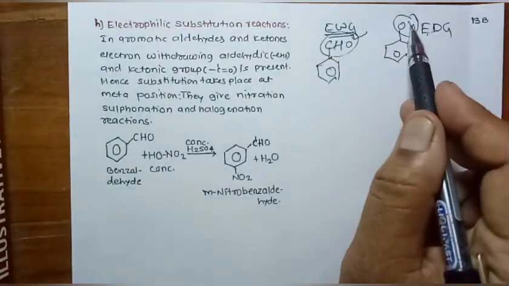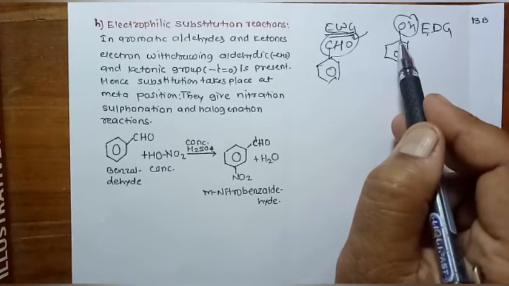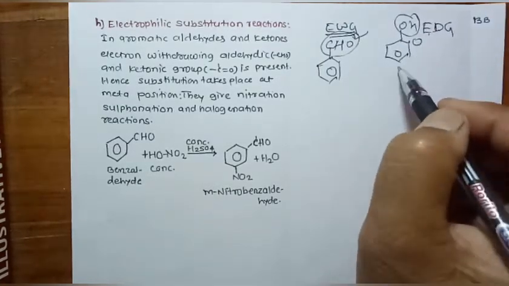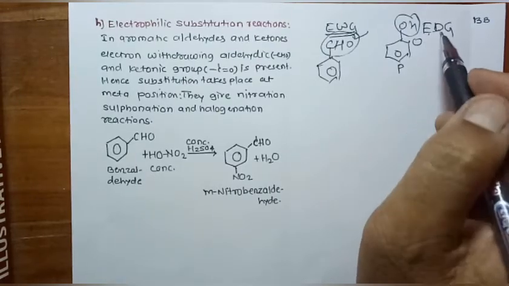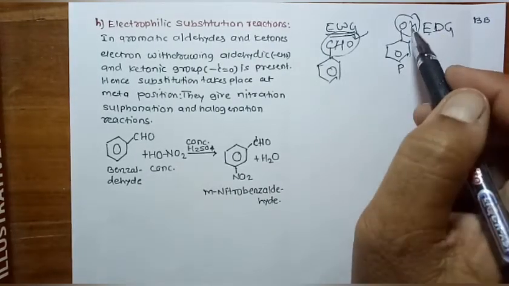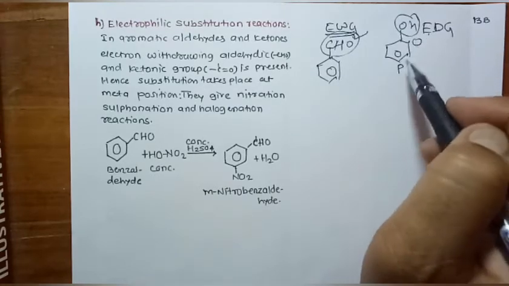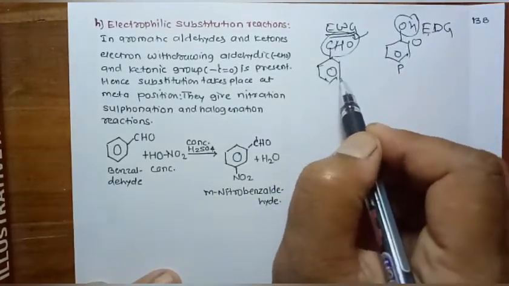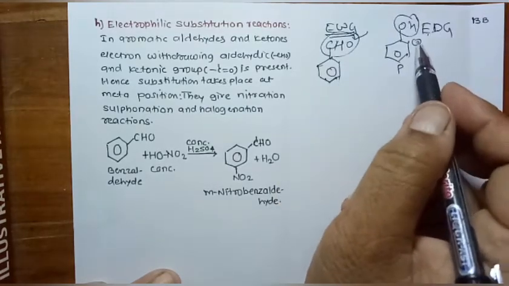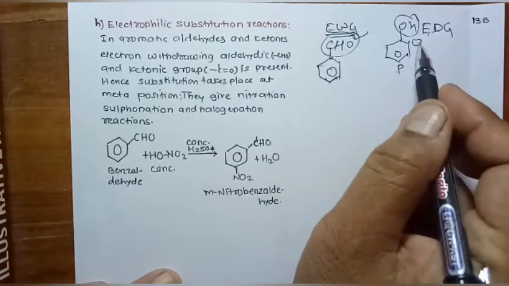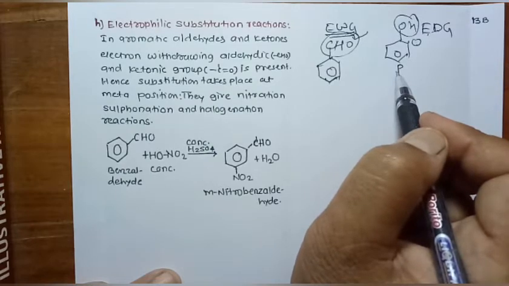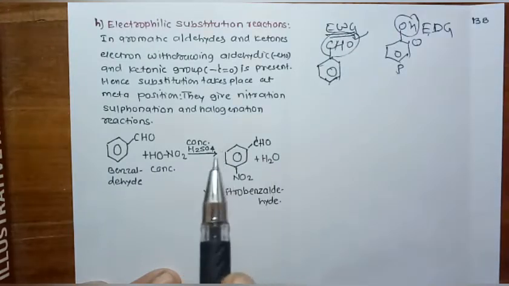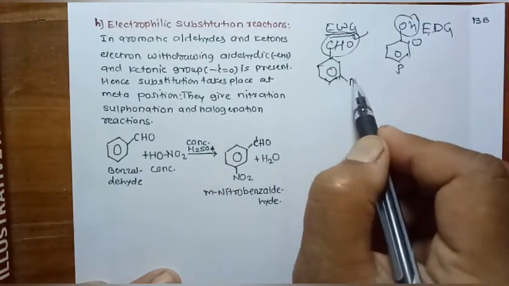Whenever an electron donating group is attached to the benzene ring, it is an activating group, it activates the ortho and para positions. Therefore the electrophilic substitution reaction of phenol takes place at ortho and para positions. But whenever an electron withdrawing group is attached to the benzene ring, it deactivates the ortho and para positions, and therefore the reaction takes place at the meta position.